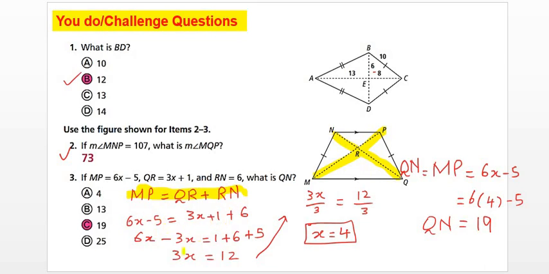So you will substitute the values, you will find how much is x, and then I substituted the value of x into MP. Why not in QN? Because QN is given in two parts, while MP is given directly, it's 6x minus 5, because both the diagonals are the same. So it doesn't matter if you substitute the value into QN or into MP. So it's QN equals 19.